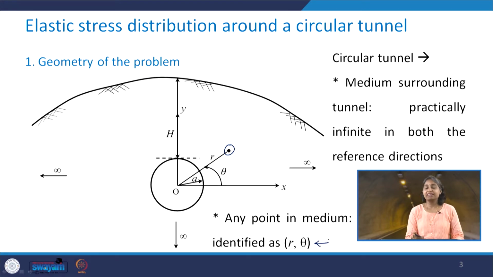So, the coordinate system is going to be r comma theta, where r is the radial distance from the center of the tunnel, and theta is measured in the anti-clockwise direction from the positive x axis.